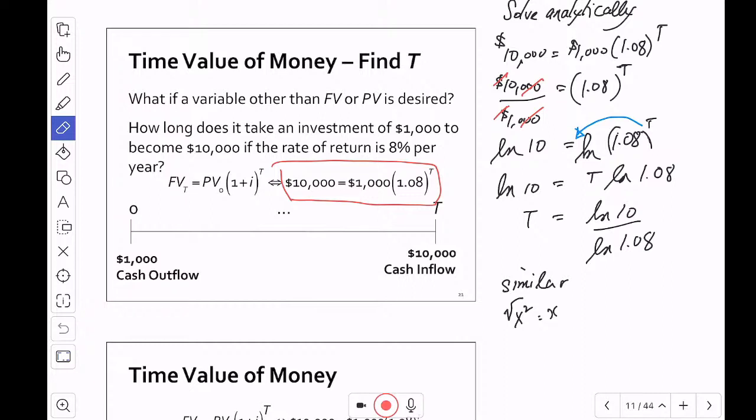So it wipes out the exponential operation here when you take the logarithm in that way. I don't want to say similar to confuse you, but so what do you get? Do you know how to punch that in your calculator? Do you know how to enter that?